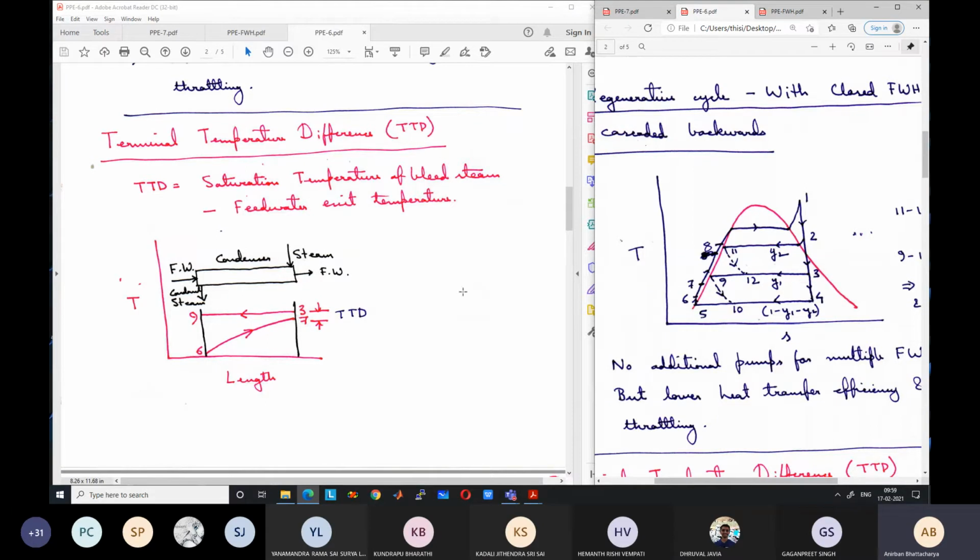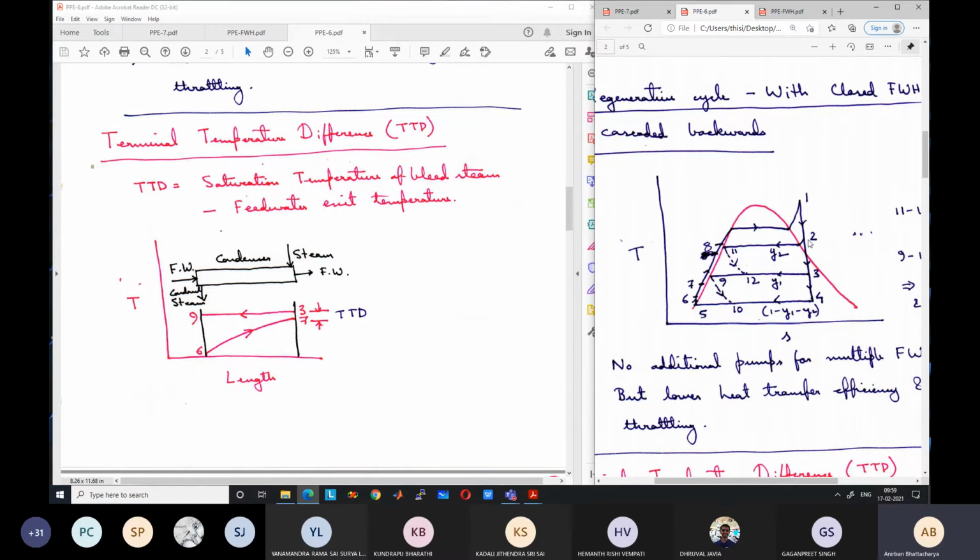The very important point is that this is the saturation temperature, not the inlet temperature of steam. Many students make a mistake there. They think this is the inlet temperature because for state 3 the inlet and saturation temperatures are the same, but it is not always the same. As we will see, for state 2 the inlet temperature is different from the saturation temperature.